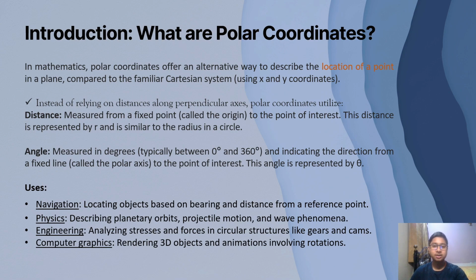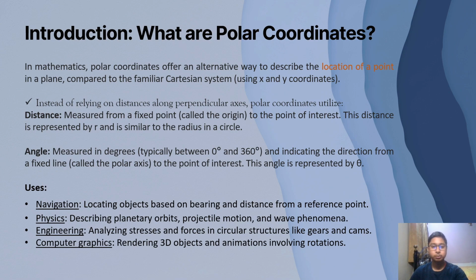Polar coordinates shine in specific scenarios like motion around a central point. Describing the position of a planet orbiting the sun or a particle moving on a circular path is much more natural with polar coordinates. Spirals and other curves: many curves like spirals and rose curves are easily defined using polar equations where r is expressed as a function of theta.